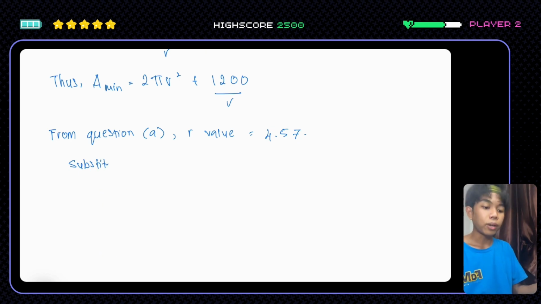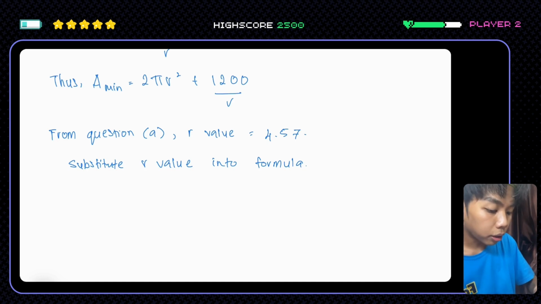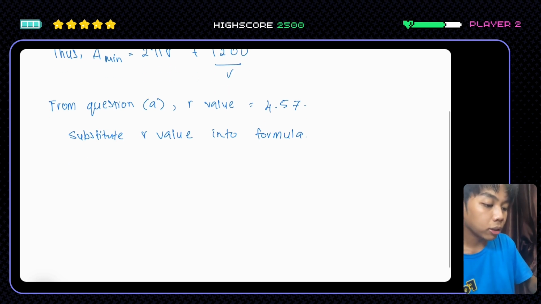We need to rewrite the formula first. A minimum equals 2πr² plus 1200 over r.